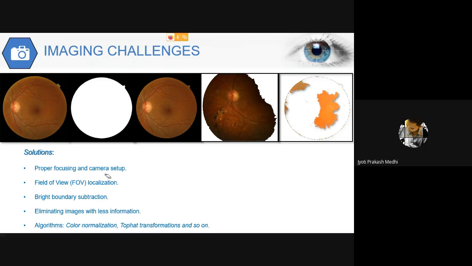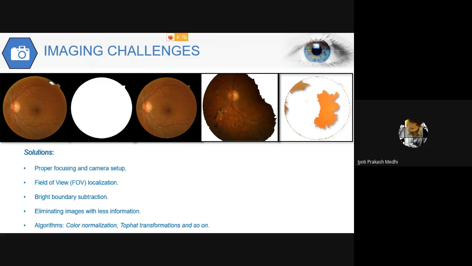So in order to remove that in the imaging itself, we have to keep our system neat and clean. Now next is identification of proper field of view localization. That means the area which is our actual requirement and which is not affected by lighting or the camera flash can be identified.